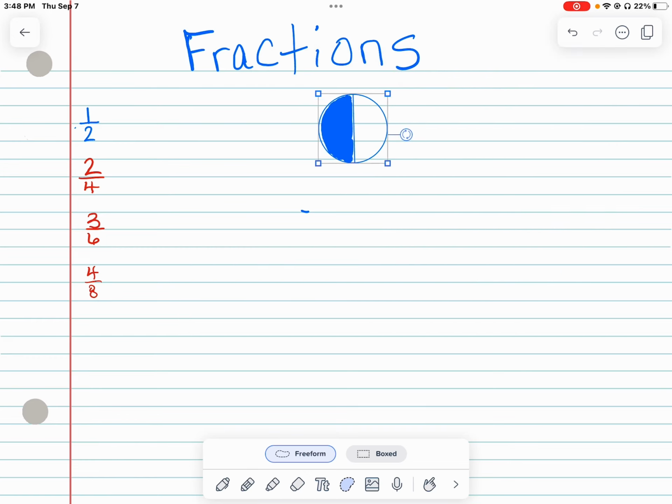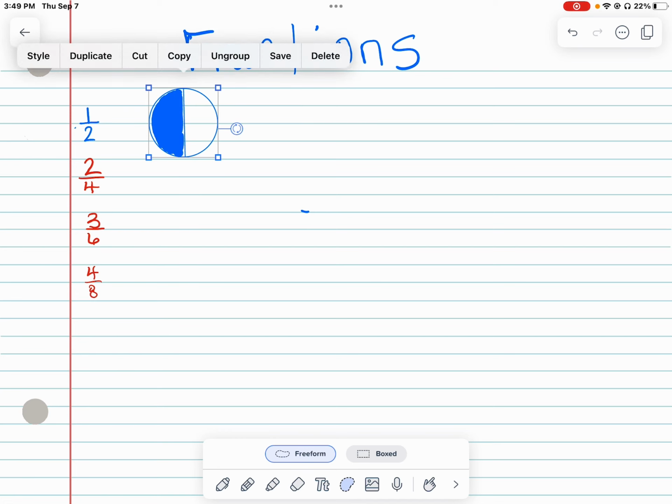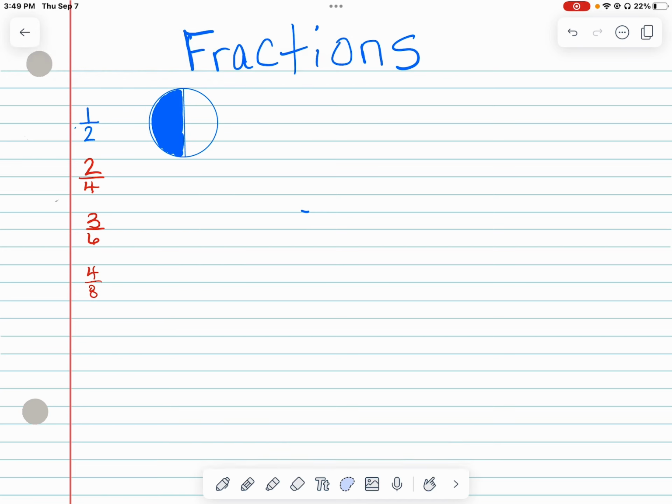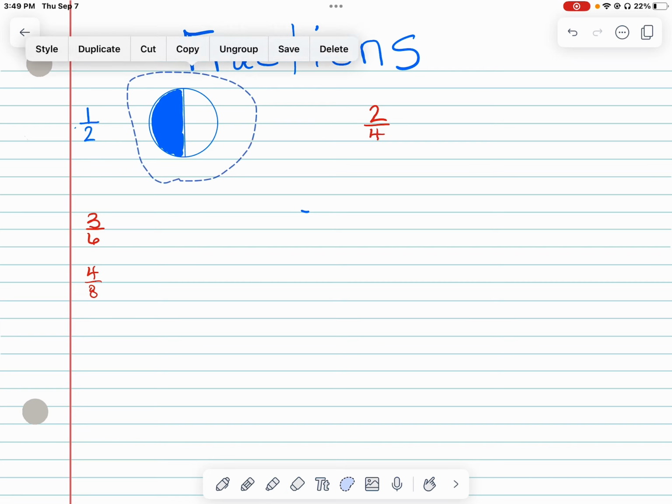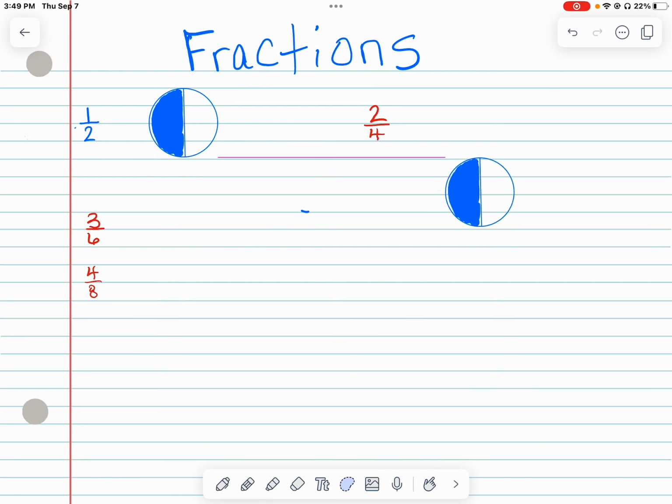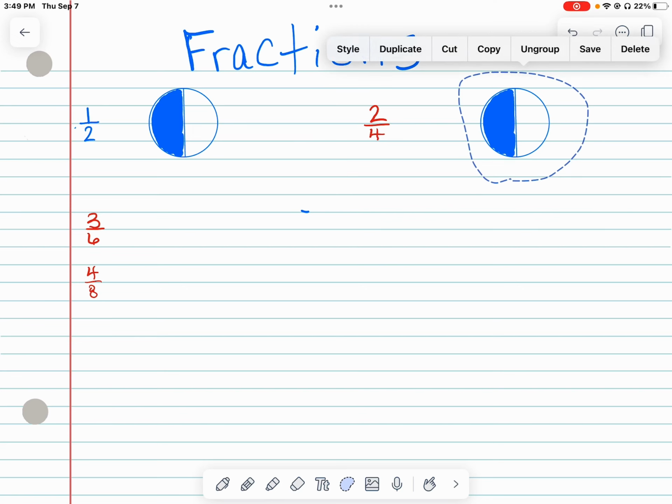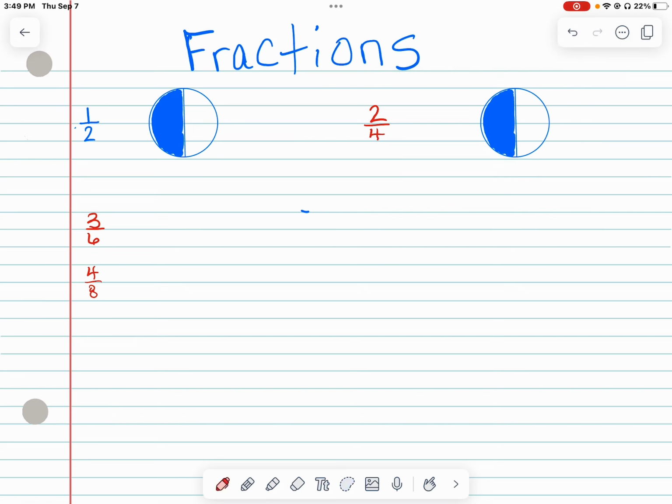Then everybody decided to make everything crazy and say all of a sudden that there was 2/4. And you're like, how is that possible? Basically, what's happening is that you take your whole piece and cut it into 4 different pieces. And that means all of a sudden that same half is 2 out of the 4 pieces.